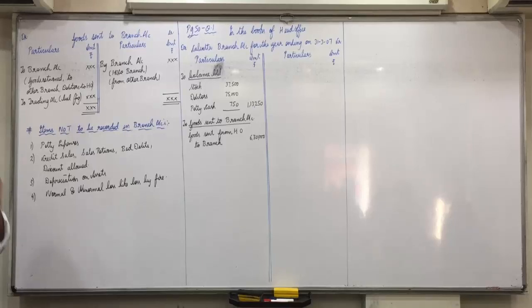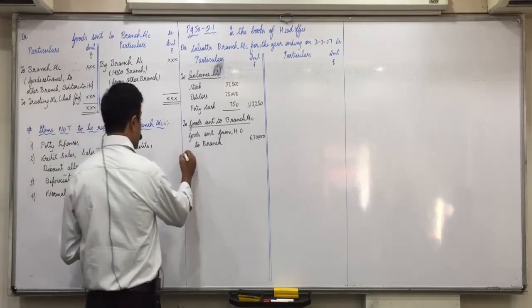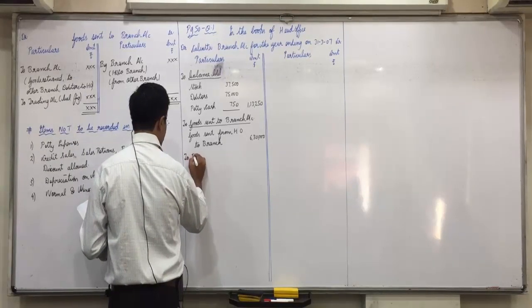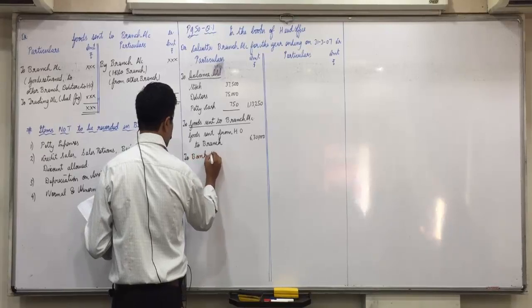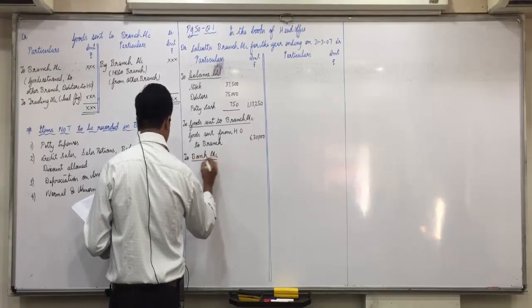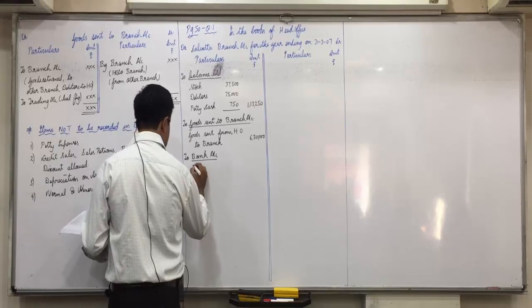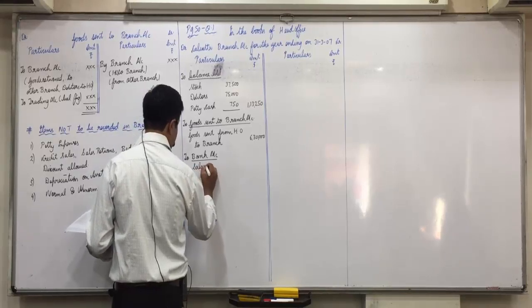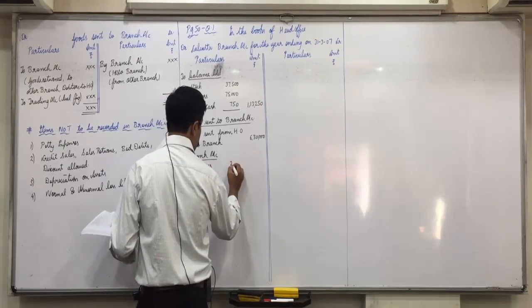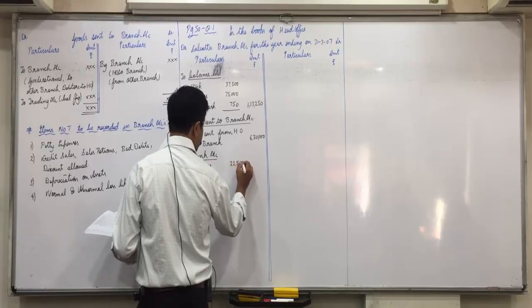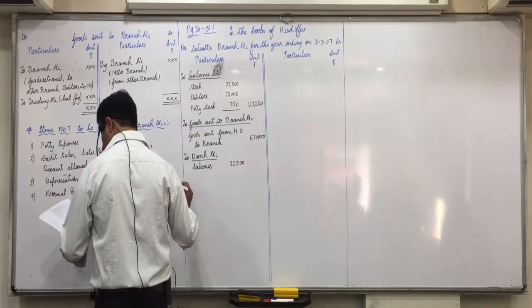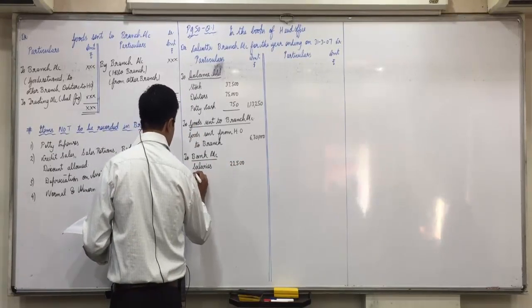Any doubts in this? Then cheques sent to branch will come on the debit side, to bank account. In that, salaries 22,500. Yes, stop talking. Rent and taxes 3,750.